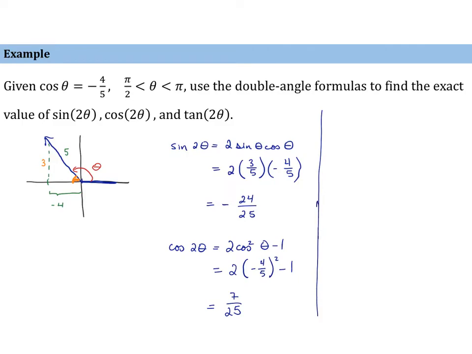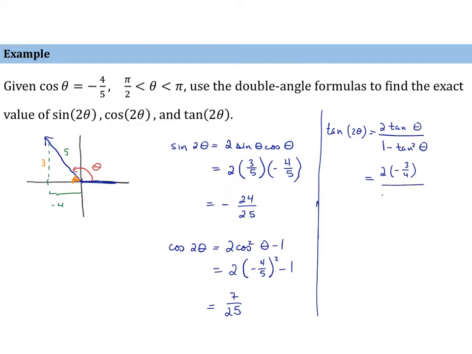Now we could just take the previous two answers and divide them. However, let's get some practice using our double angle identity for tangent of 2 theta. So 2 times the tangent of theta over 1 minus tangent squared of theta. So this is equal to 2 times, and the tangent of theta is negative 3/4.